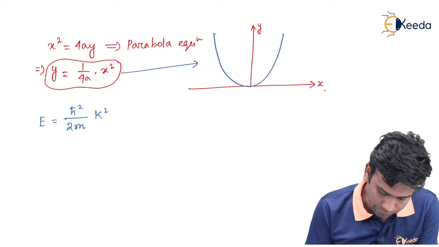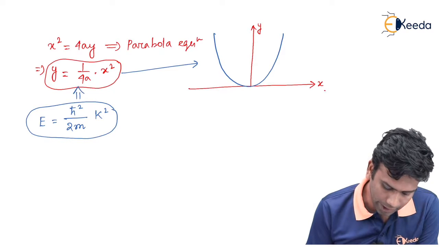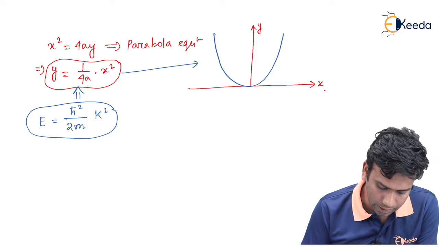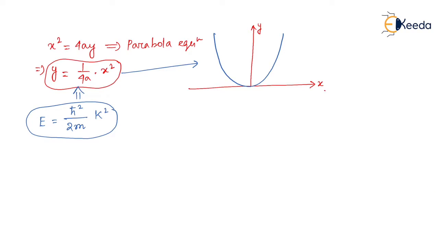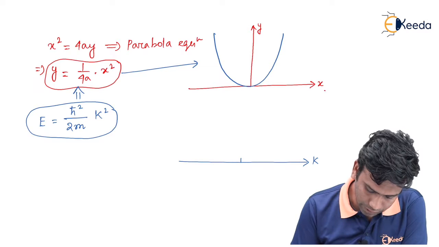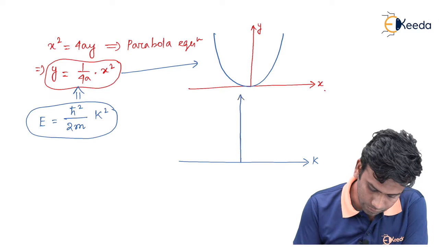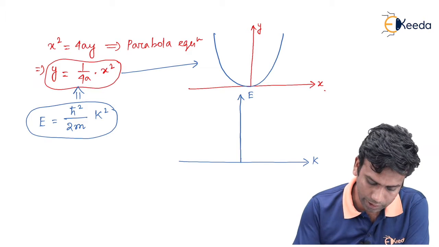If I compare this equation with the above equation, then we can see that if I plot the k value with the E value, then it will also be a parabolic equation, and the parabola looks like this.